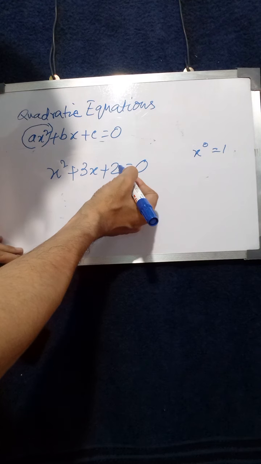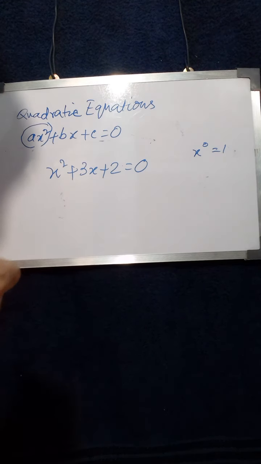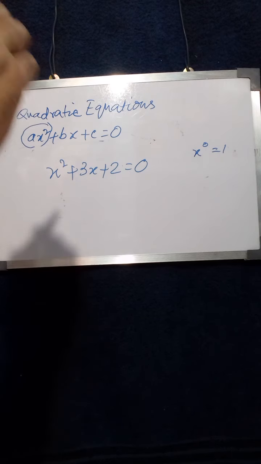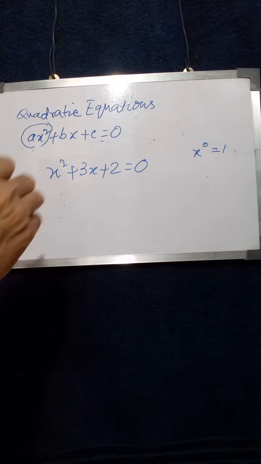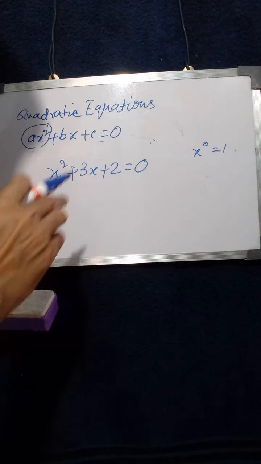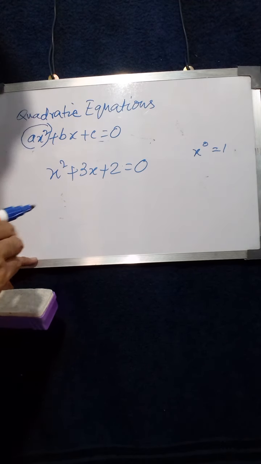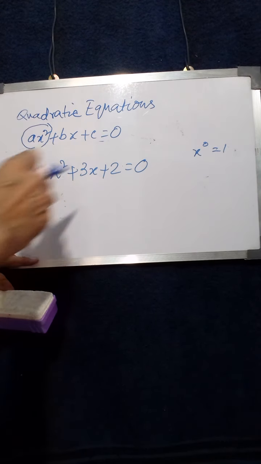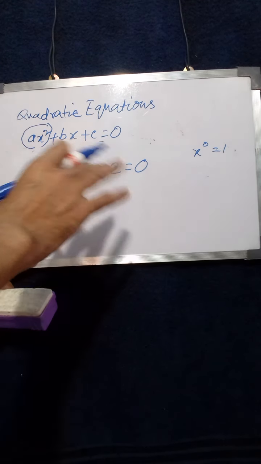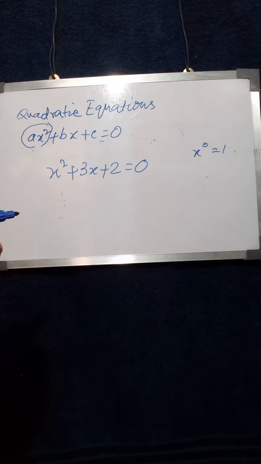That's why it has become 2 into 1, 2. You have to arrange it first. If the equation is not arranged, you have to arrange it accordingly. Since this is arranged, nothing is to be done here.